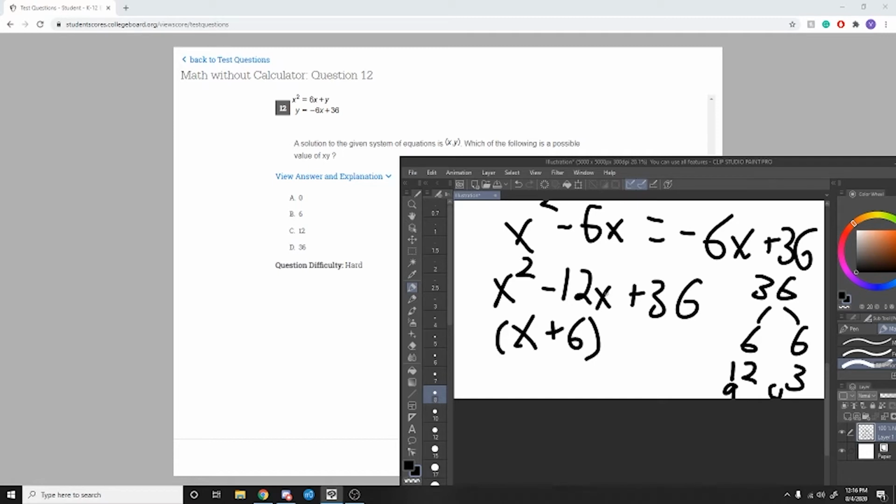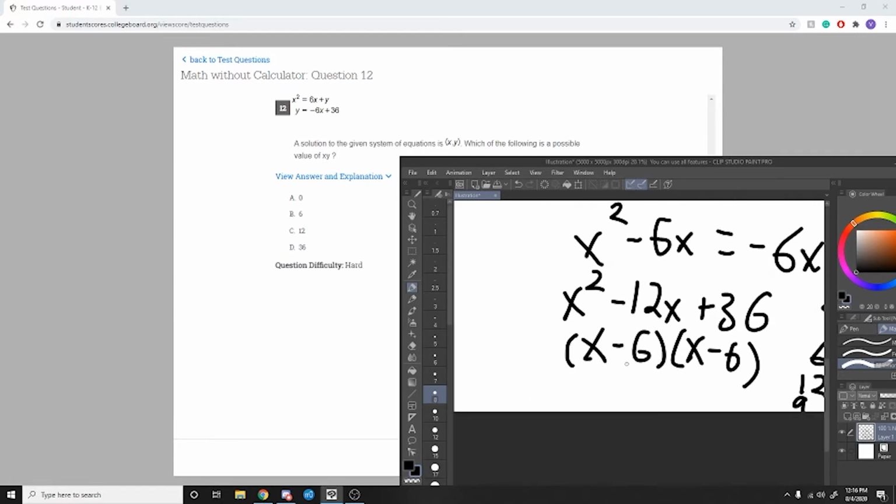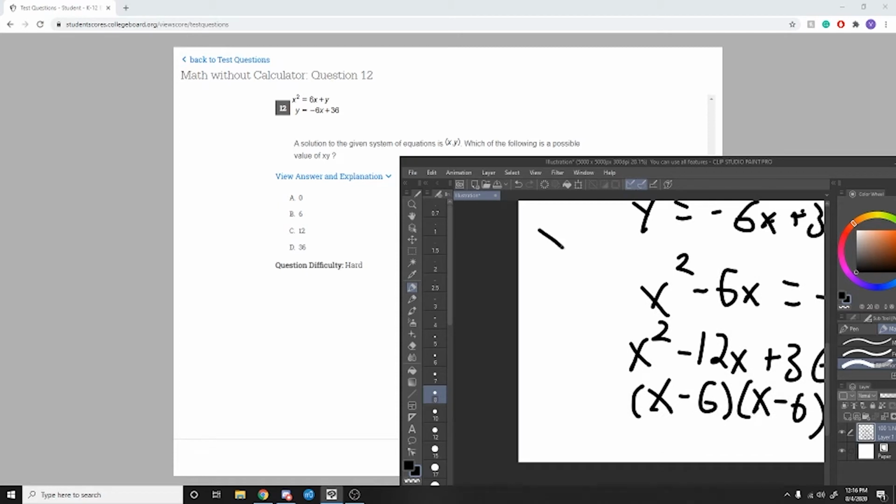Since this one is a minus sign and this is a positive, you'll know they're both minuses. Because if you do, I like doing the box method.